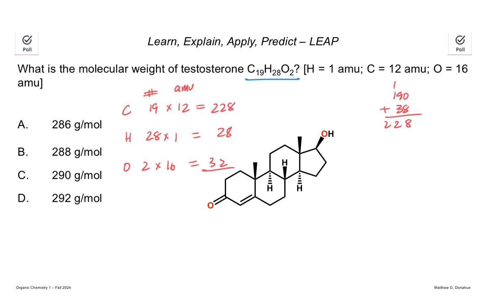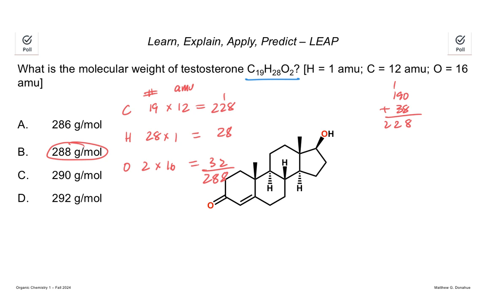If we add that, 8 plus 8 plus 2, so 16 plus 2, 18, carry the 1, 2 plus 2, 4 plus 1, 5, plus 3, that's 8, and then 2, so we get 288, so our answer is B.